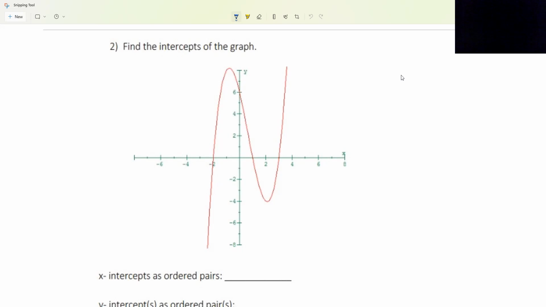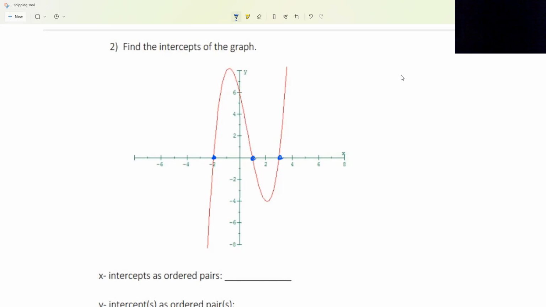They threw this in just to see if you could figure out what the intercepts are. This line is crossing the x-axis right here, and right here, and right here. So those are all x-intercepts.